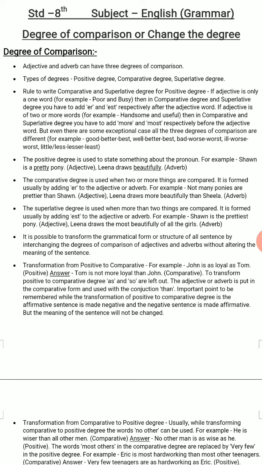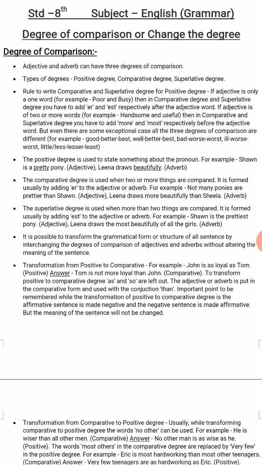The comparative degree is used when 2 or more things are compared. It is formed usually by adding er to the adjective or adverb. The word comparative itself tells us that there is a comparison between 2 or more things. So comparative degree also considers the same.